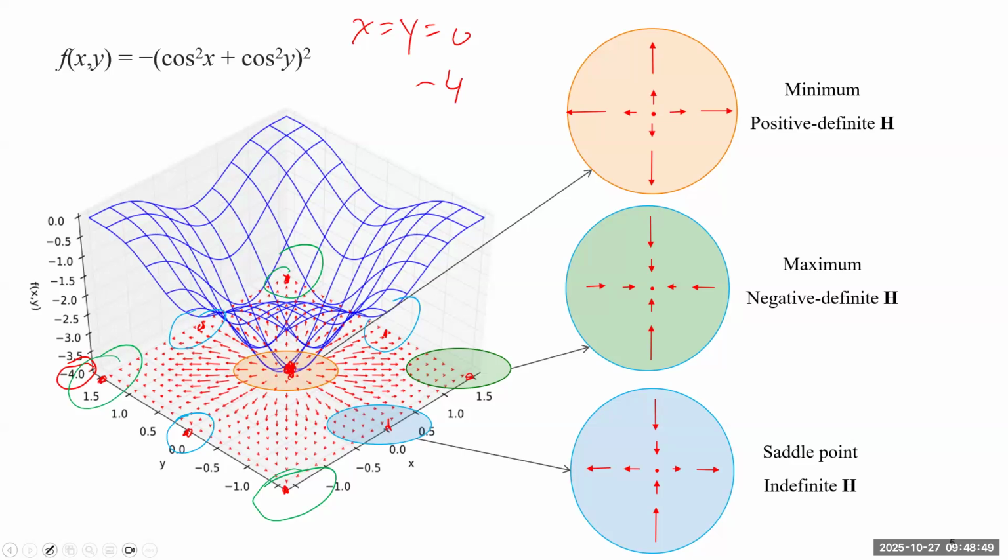Okay, so by finding the stationary points and then verifying whether the Hessian matrix is positive definite, you'll be able to find the true local minimum points. That's still not the final solution. If you have multiple local minimum points, you need to compare the F values at all such points to find really the smallest one.